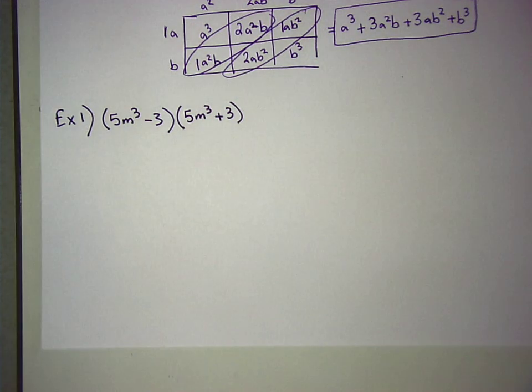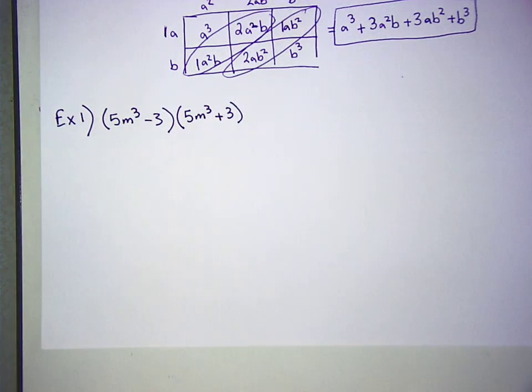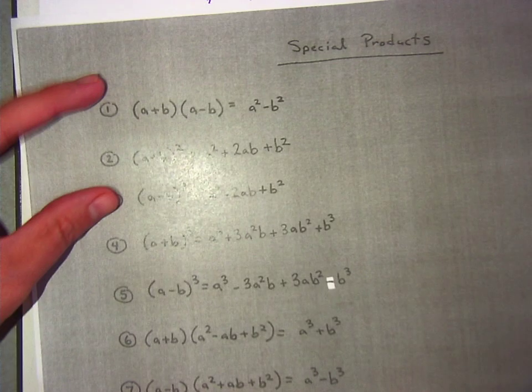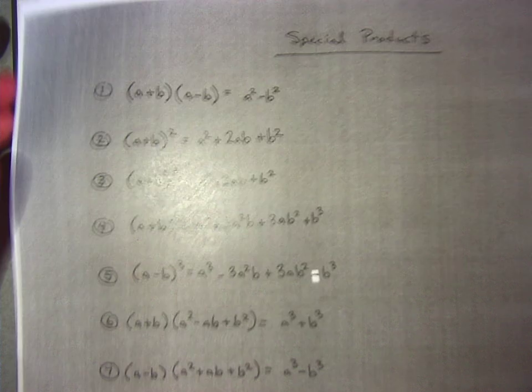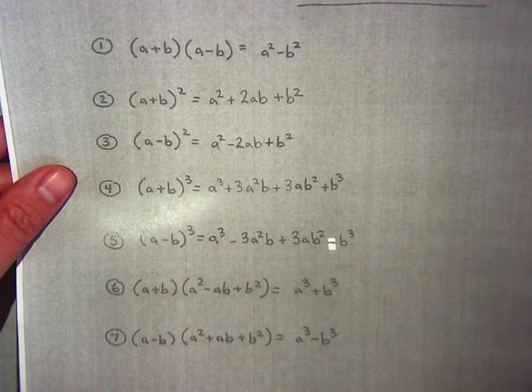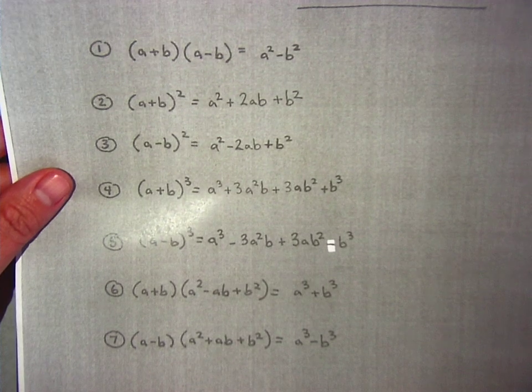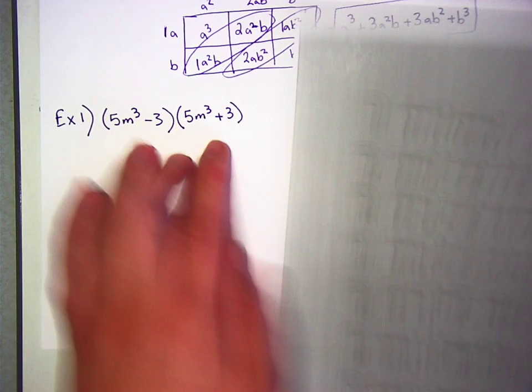Now, one way that you could do this problem is just put it in a box. It's a 2 by 2, and frankly, if I'm going to be honest with you guys, I wouldn't bother using this formula for the first 3. I don't think it saves a lot of time, but you could if you want to. Definitely on the bottom ones, I'd use these formulas because they save a lot of time, but it's your choice. But which formula would this be out of the 7?